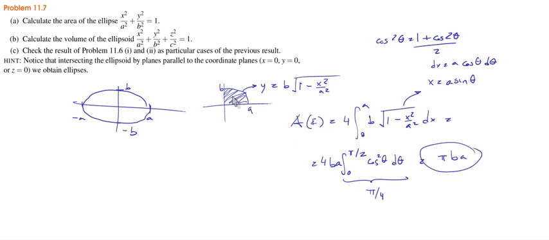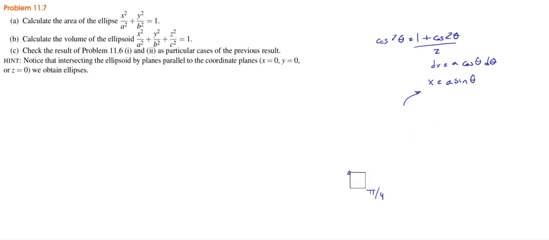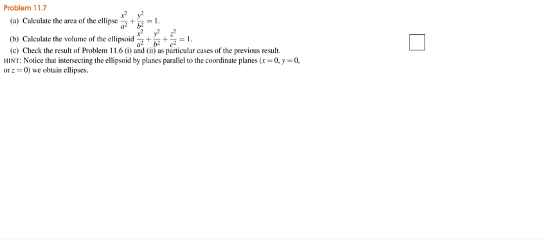Which again makes sense because if b and a are the same and equal to the radius, then this is pi times r squared, which is the area of the circle. So this is a generalization of the area of the circle. Okay, again, good.